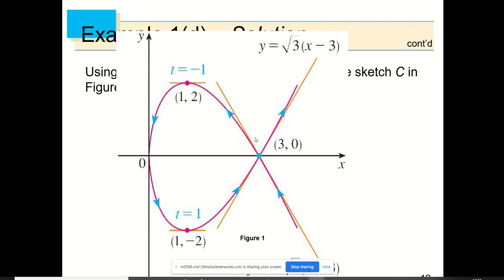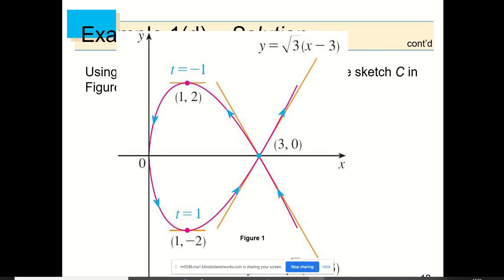Now this is the tangent line. You see that there's one tangent line from here and there's one tangent line from here. That's why we have two answers. The question asks us to find the equation of the tangent line.